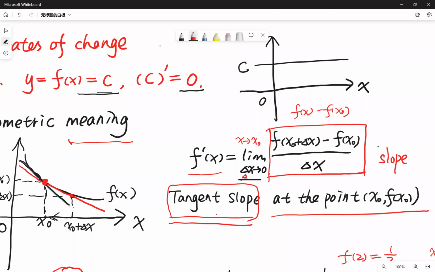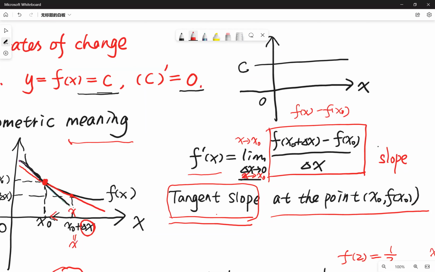The limit here is x approaching x0. And when delta x approaches 0, we can say this point moves to x0. So they are the same representation. Can you follow me here?